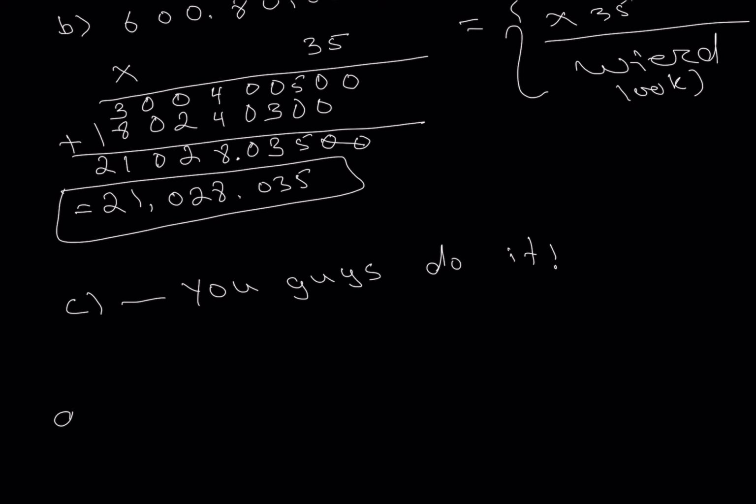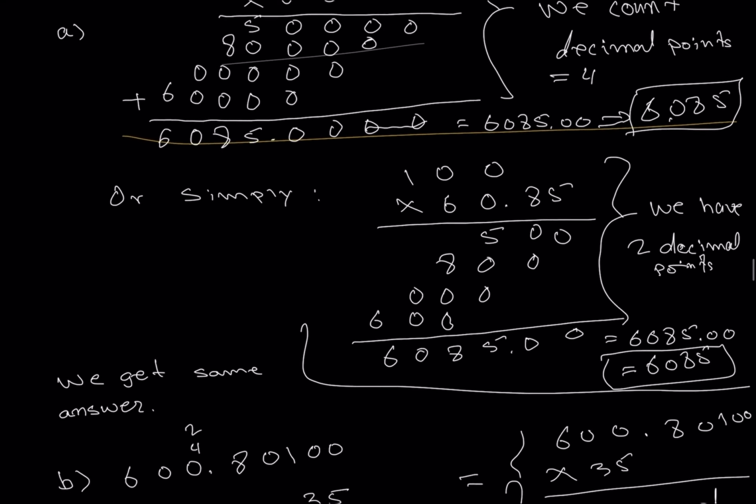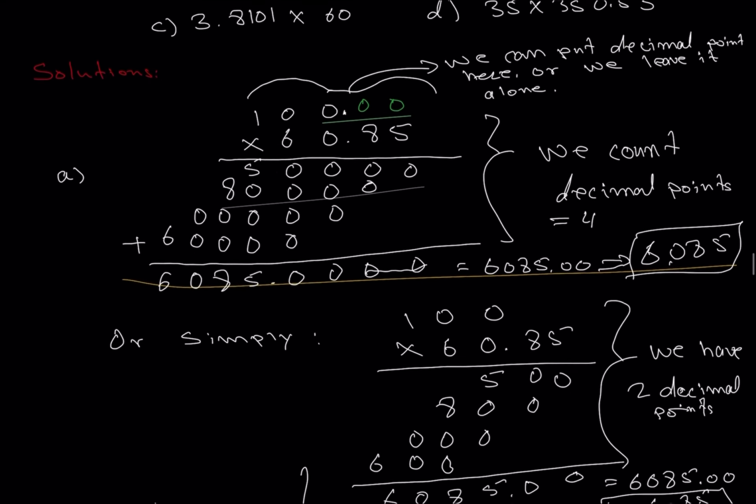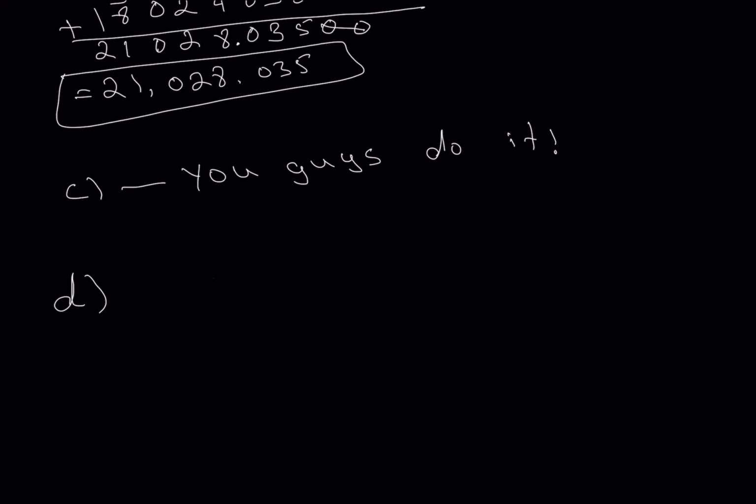And I will do D. D was 35 times 350.53. So 350.53 by 35. I said I'll write down the bigger number always at the top, larger number always at the top.